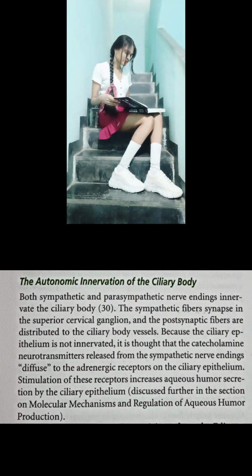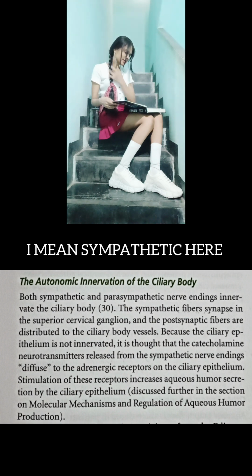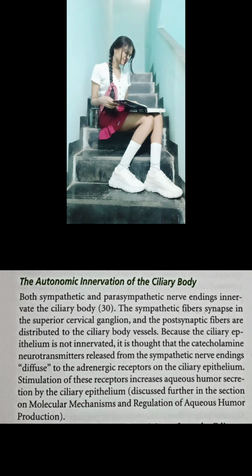Now the autonomic innervation of the ciliary body. Both sympathetic and parasympathetic nerve endings innervate the ciliary body. The sympathetic fibers synapse in the superior cervical ganglion, and the postsynaptic fibers are distributed to the ciliary body vessels.